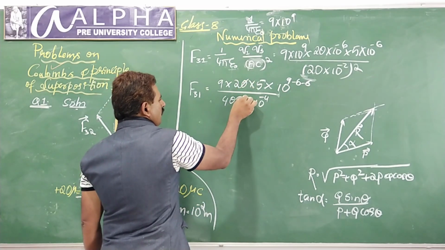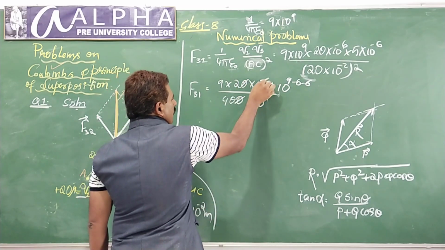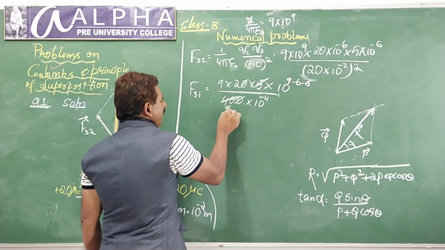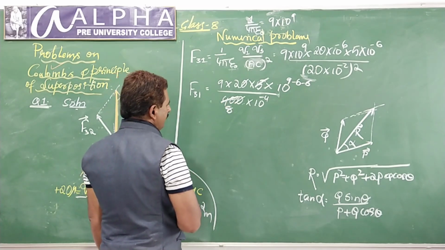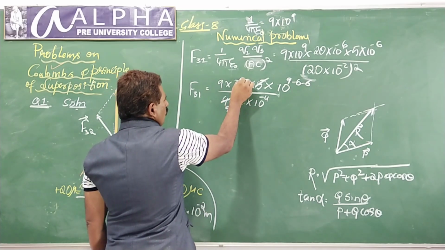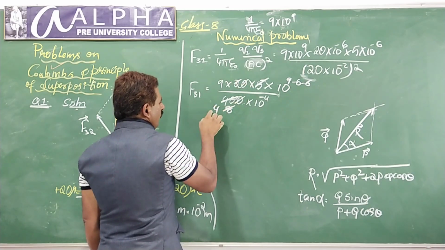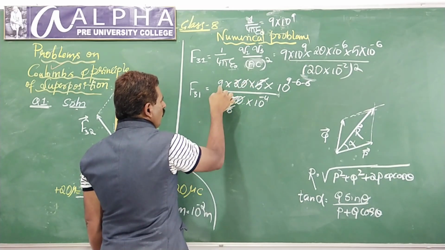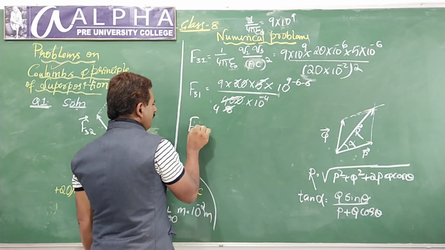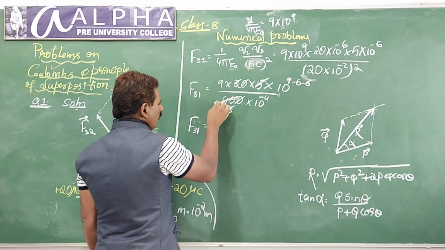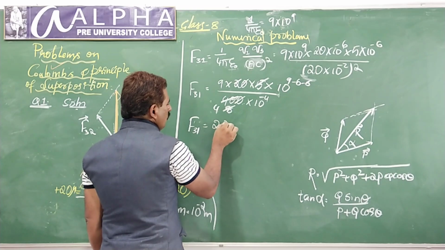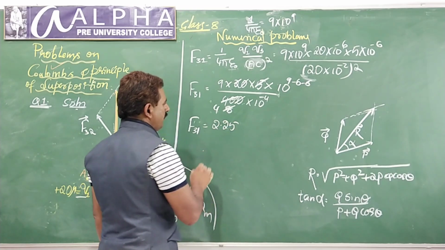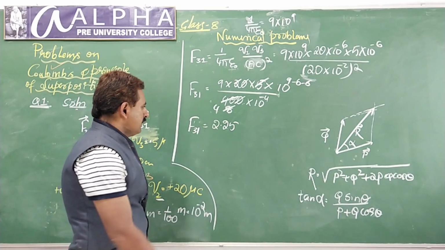1 0 cancels. 5 8s are 40. Now 2 4s are, right? 4 remains. 9 by 4. What is 9 by 4? Come on. Good. 9 by 4 is 2.25. Very good. 2.25. You have a calculator, you can do it.